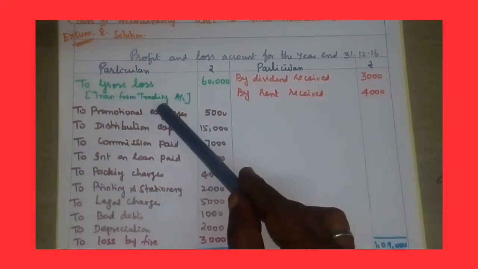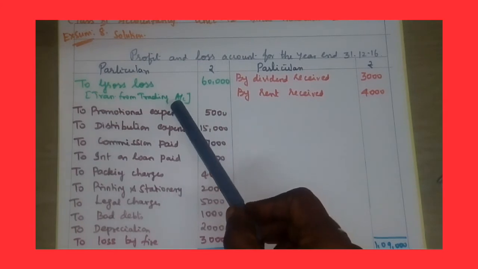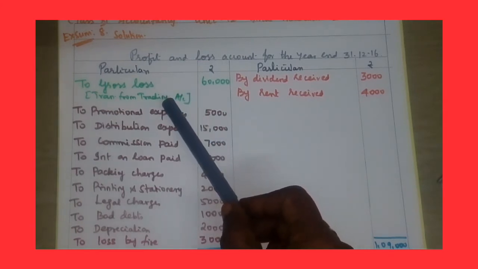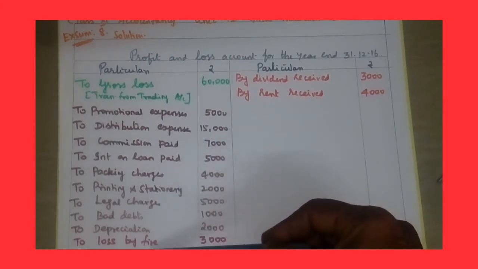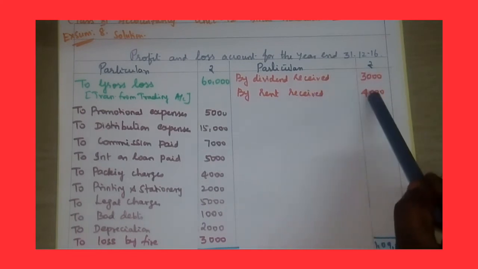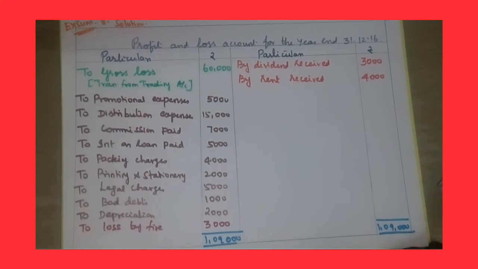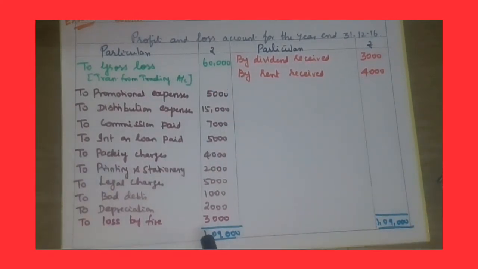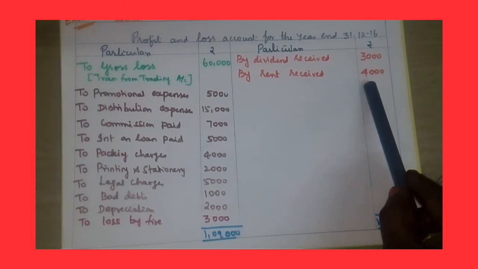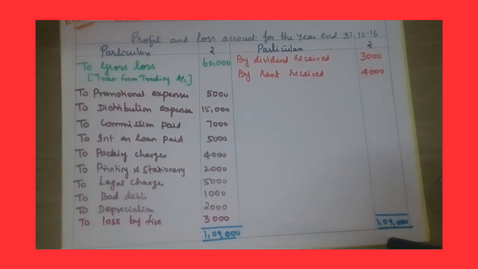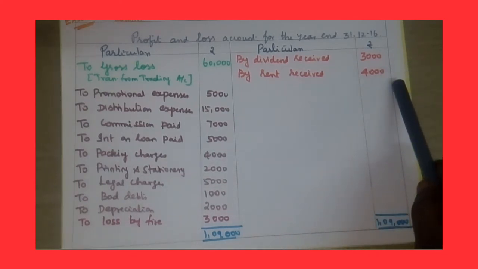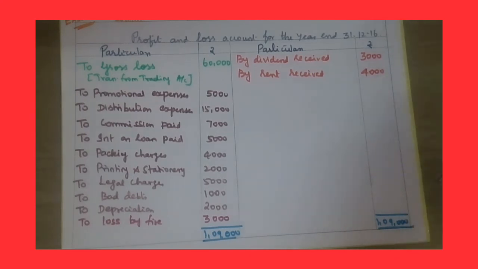Okay, so gross loss, as I said, it is transferred from the trading account. Loss அப்படிங்கறனால we are showing in the debit side. Expenses are shown in the debit side and incomes are shown in the credit side. Okay, now இப்போ we are going to balance பண்ணும்போது பாத்தீங்கன்னா நமக்கு வந்து debit sideல அதிகமா இருக்கு 1,09,000. Okay, credit sideல we have only 7,000. So in the 1,09,000 when we subtract this 7,000 we get 1,02,000.